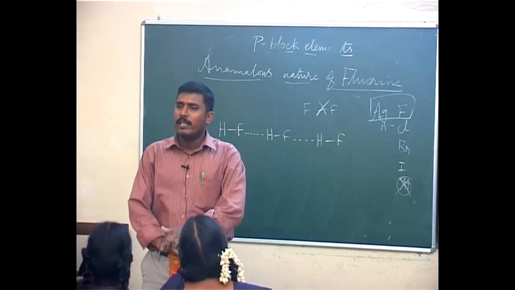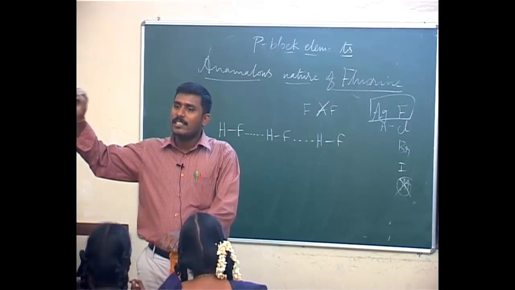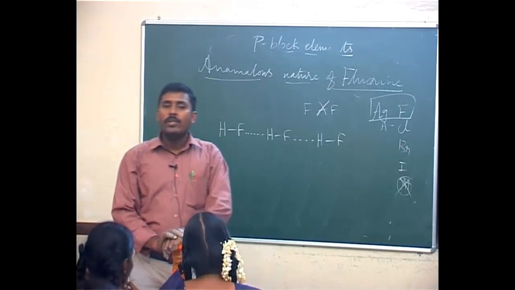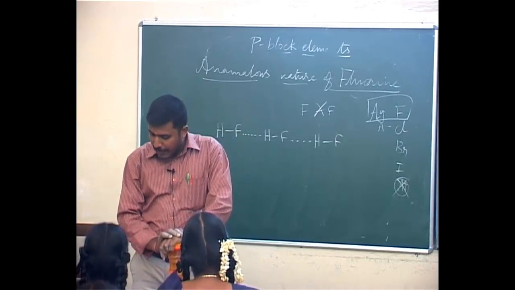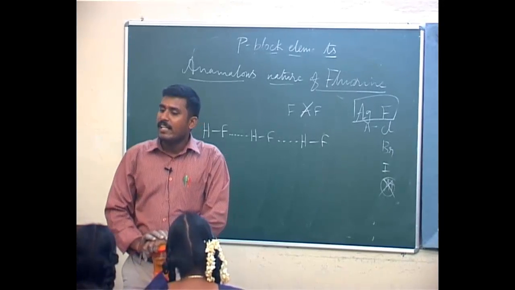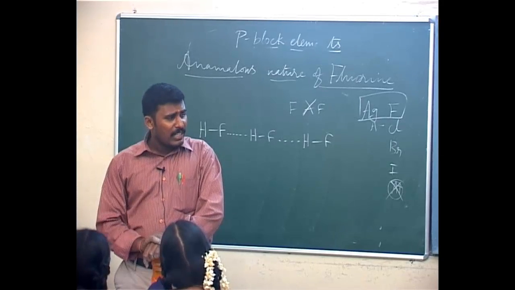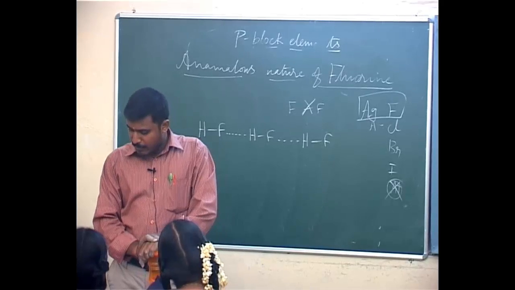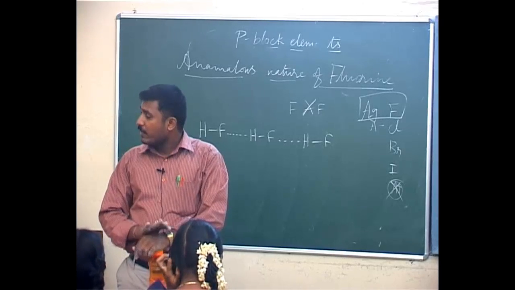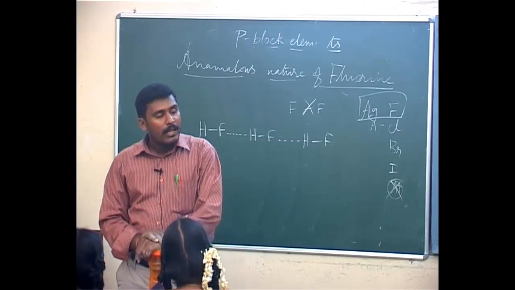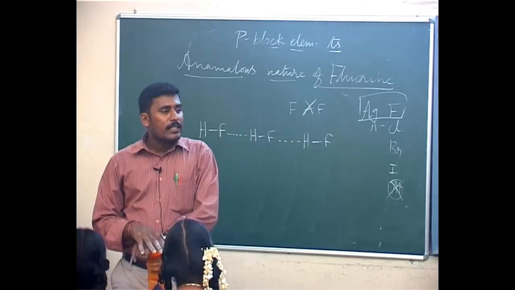To summarize: fluorine is highly reactive among the halogens because its bond dissociation energy is very low. Fluorine decomposes cold dilute alkali to give oxygen and oxyfluoride. It has the greatest affinity with hydrogen, forming HF, which shows intermolecular hydrogen bonding. It differs markedly from other halogens because it gives two types of salt, namely sodium fluoride and sodium hydrogen fluoride.